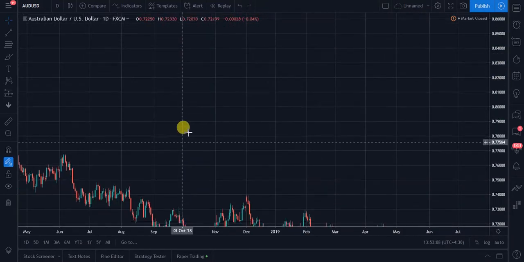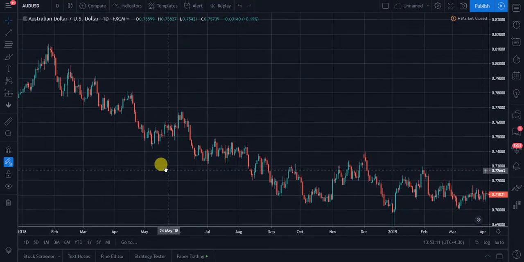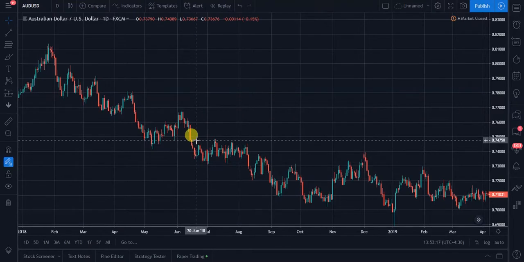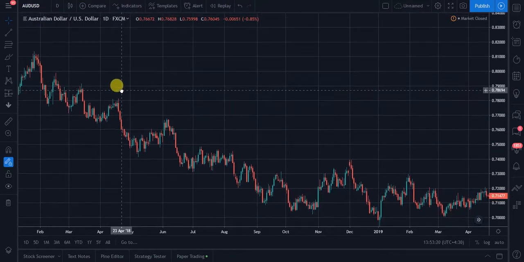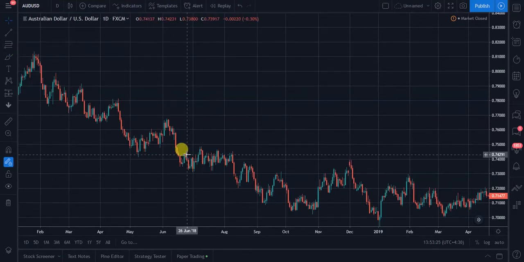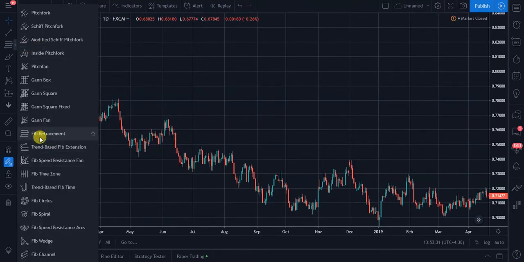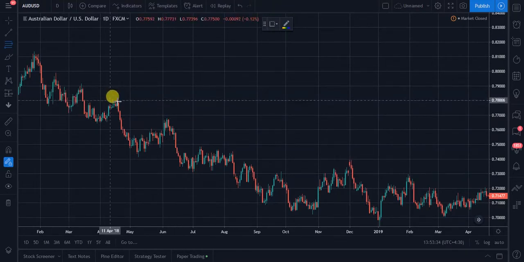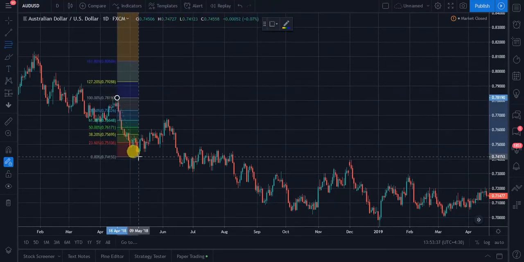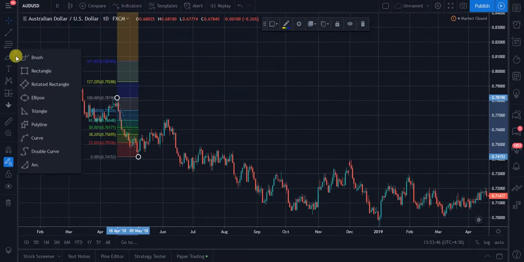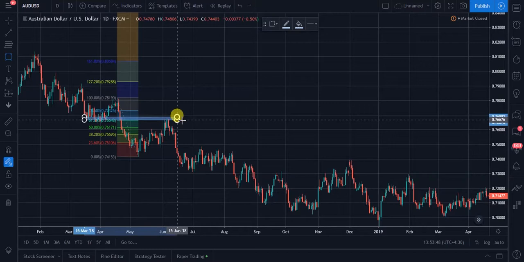So yeah guys, let's go to our real chart, the Australian dollar chart, daily time frame. Before we start, as I told you a minute ago, we need to enter our trades. So for example, we enter here. Okay, that's the level 61.8%. That's also near a support zone.